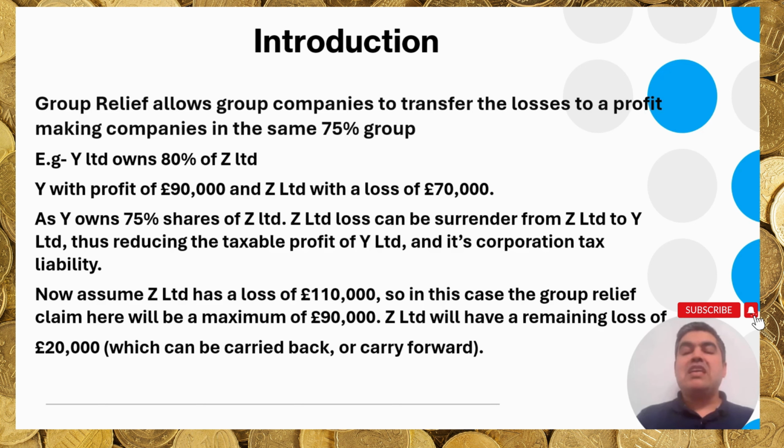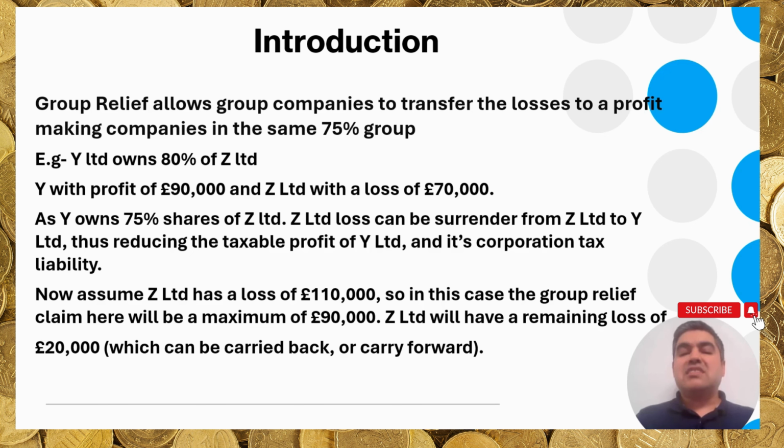So what will happen is, because of the group relief, the Z Limited loss of 70,000 can be transferred to Y Limited's profit. As a result, the Y Limited corporation tax bill will be lower. Now assume Z has a loss of 110,000. In this case, the group relief claim will be a maximum of 90,000, because Y Limited has a profit of 90,000, even although Z Limited has a loss of 110,000.